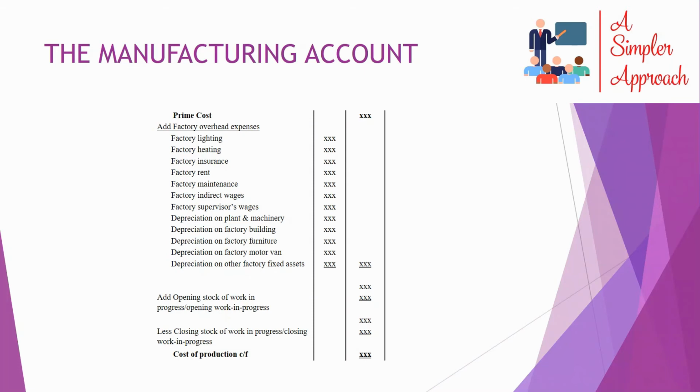Now, after you would have done all of that arithmetic calculation, you would ultimately come to what we call cost of production carried forward. Or in other words, the cost of producing the goods that we produced. If you are looking in any other book that might call it production cost of goods completed, that would be perfectly fine. Okay?